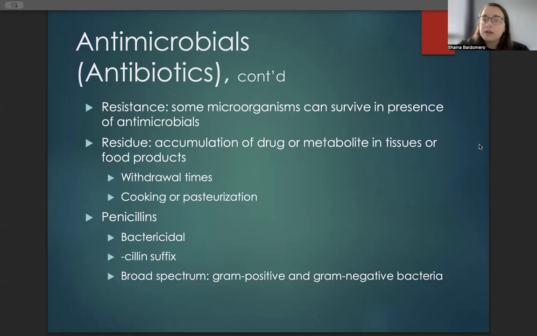Another topic that we're going to look at here with antibiotics is residue. Now, this is a controversial topic, and I'm talking about antibiotic residue in livestock animals. Livestock animals, I'm talking about cows, goats, sheep, swine, poultry birds like chicken, ducks, turkeys, any animal that's going to be used for their meat or eggs or dairy products, right?